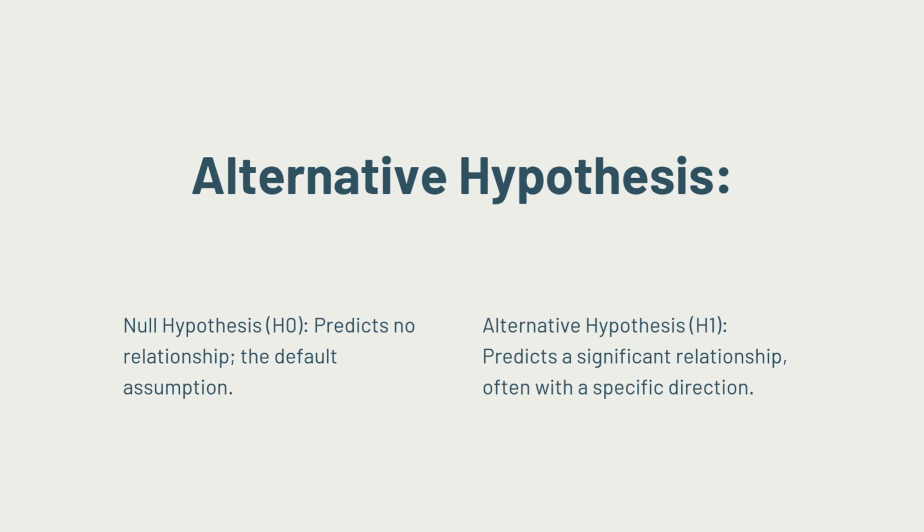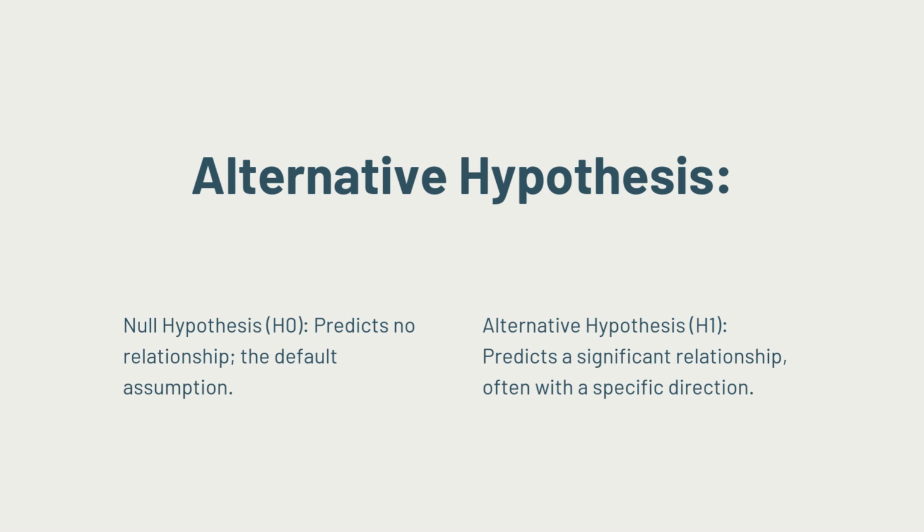In other words, a null hypothesis assumes that any observed effects are simply due to chance and not an actual relationship between the variables. For example, if we're looking at the relationship again between exercise and stress levels, the null hypothesis would be there is no association between the amount of exercise and stress levels in college students.